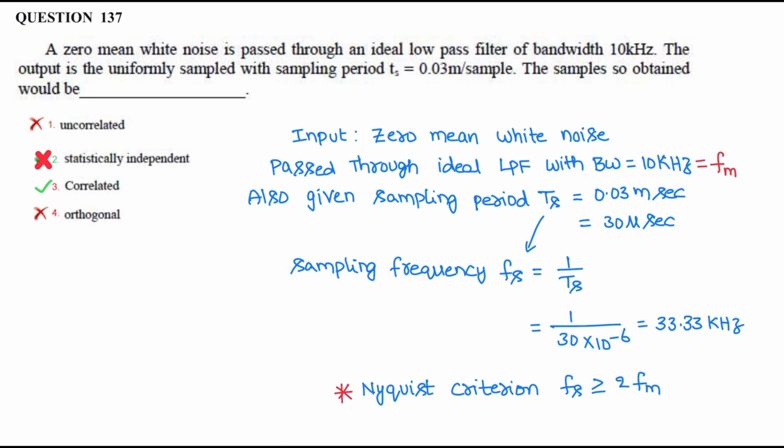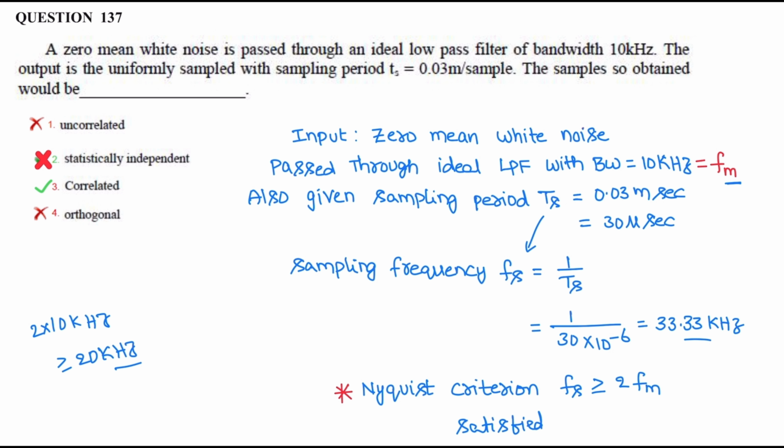Here the highest frequency component of the message signal is 10 kilohertz, so 2 Fm, the Nyquist sampling frequency, is 20 kilohertz. Here the actual sampling frequency is 33.33 kilohertz. Therefore Nyquist criterion is satisfied. Sampling frequency is greater than 2 times the message signal frequency.